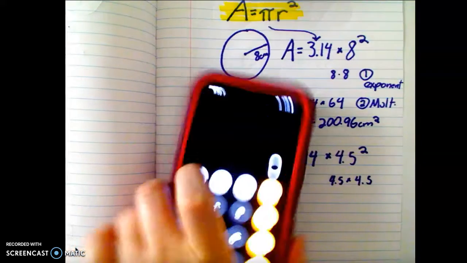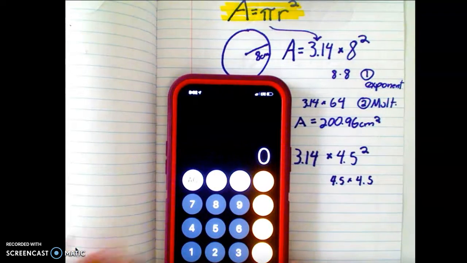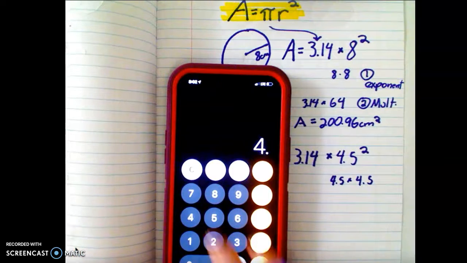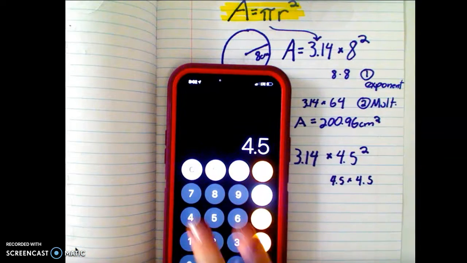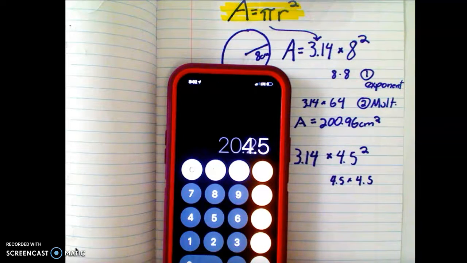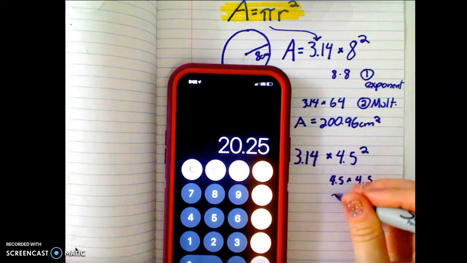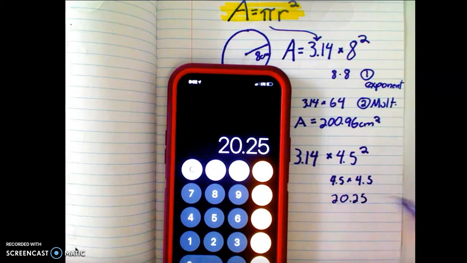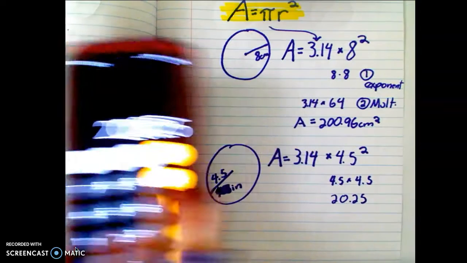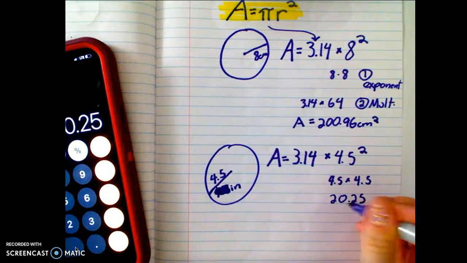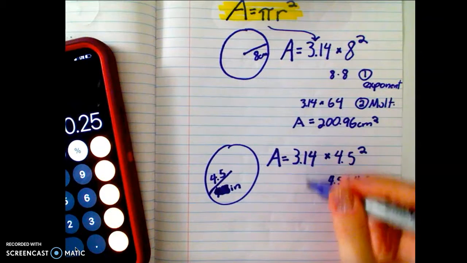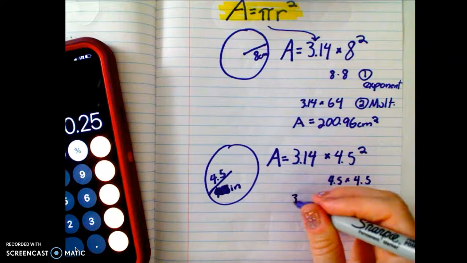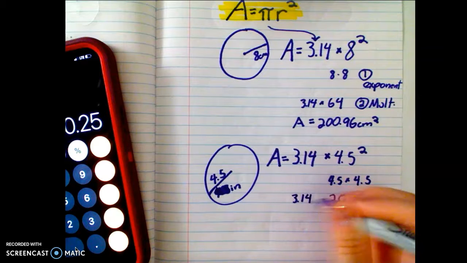I'm so glad calculators were invented. Let's use it. 4.5 times 4.5 equals 20.25. Awesome. We have that part taken care of. Now I need to go through and remember to multiply by pi.